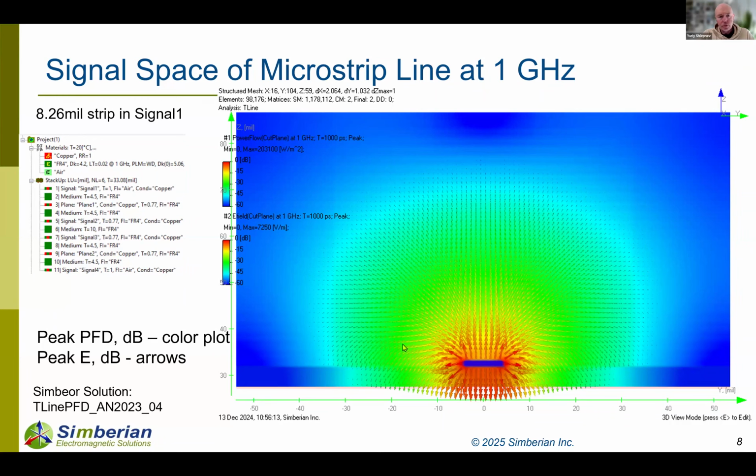Things are even worse for the microstrip structure. This is a surface trace on the surface of the PCB in layer signal 1. Those are the parameters of this, and we can see right here two graphs overlap. One graph is the power flow density color plot, and the electric field is depicted on a logarithmic scale with arrows.